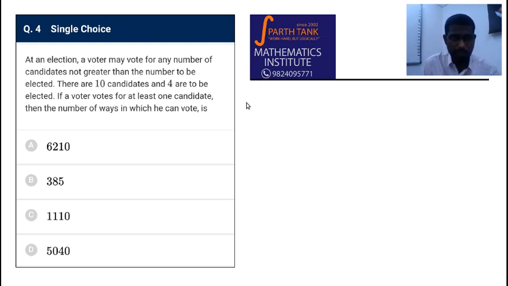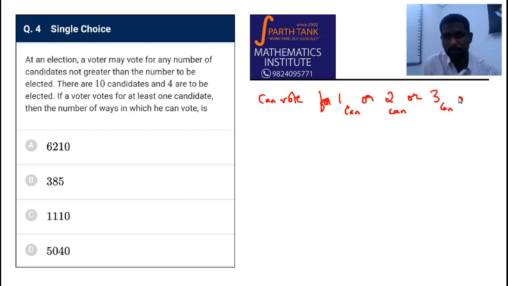Now, the voter can vote for one candidate, or two candidates, or three candidates, or four candidates. And that is the maximum because there are only 4 to be elected. So the maximum number that he can vote is only 4.